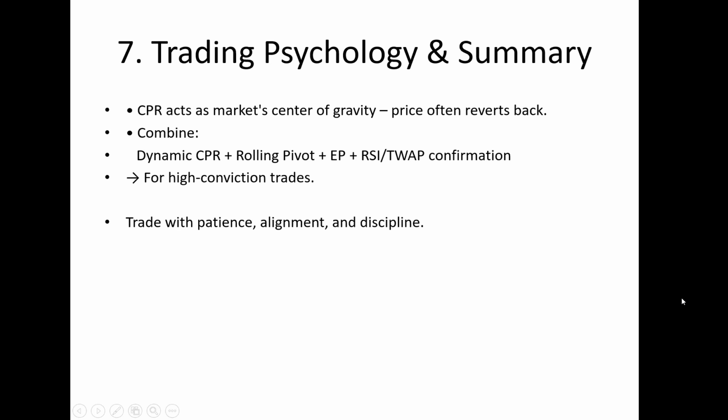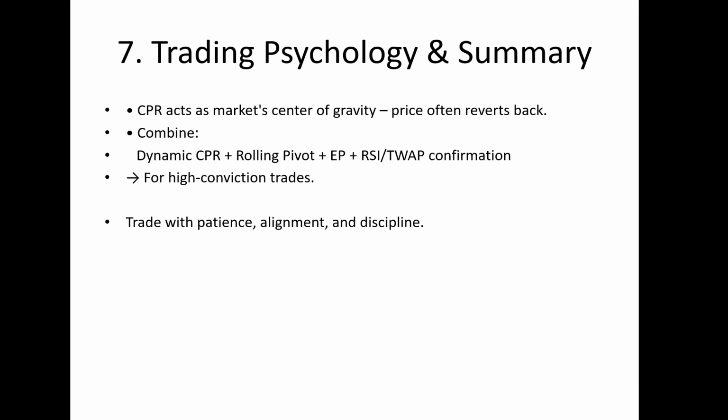Trading psychology and summary. CPR acts as the market's center of gravity. Price often reverts back. Combine the dynamic CPR, rolling pivot, EP for your conviction trades. Trade with patience. Alignment and discipline should be there.